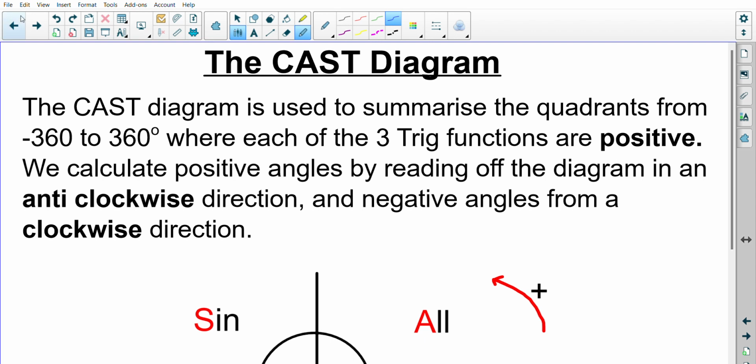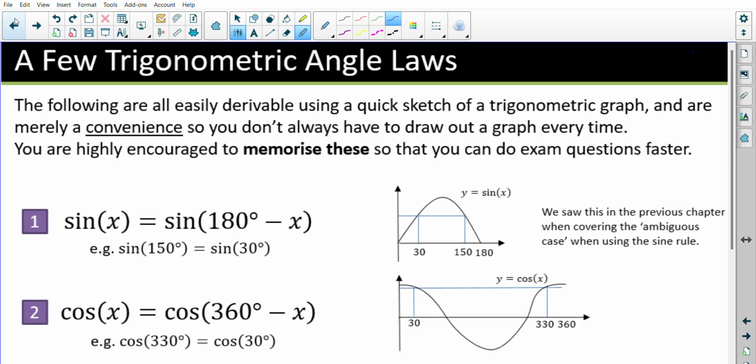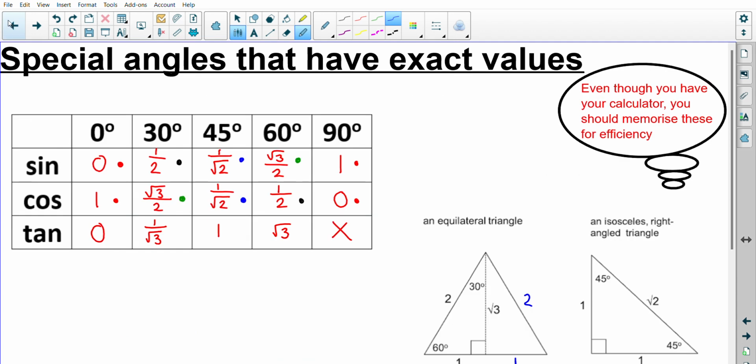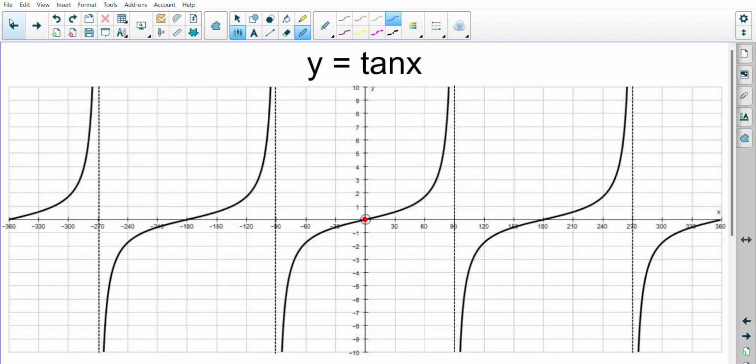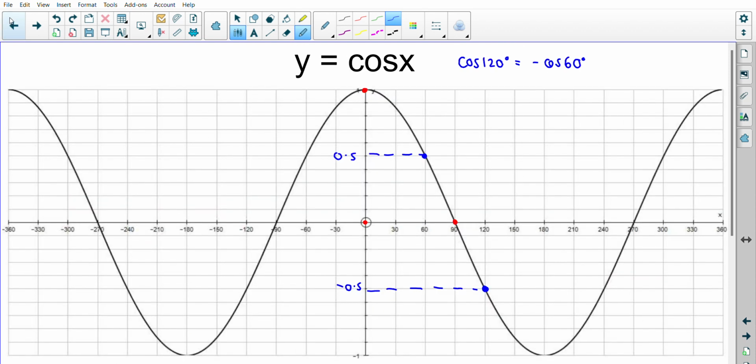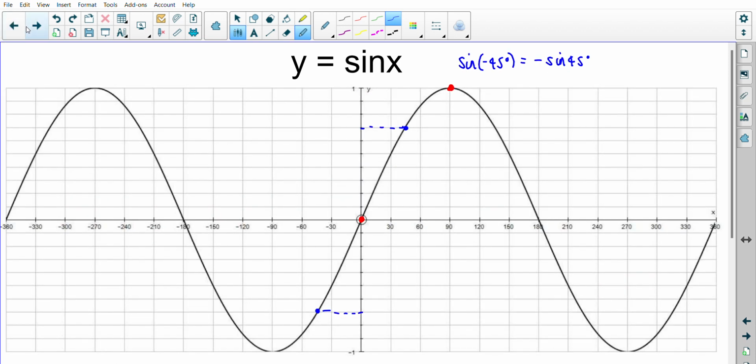Now we can use all the things we've just been looking at. So these rules here, exact values if needed, the graphs, you can actually solve equations from the graphs, and I will be showing you that as well.